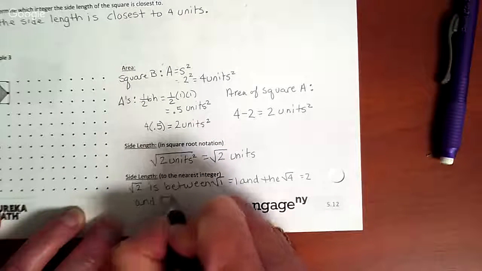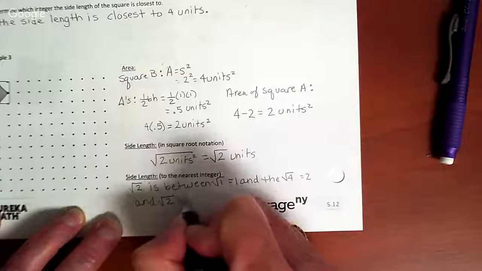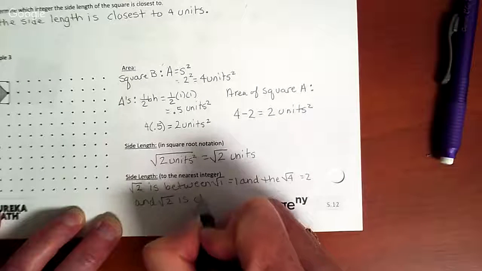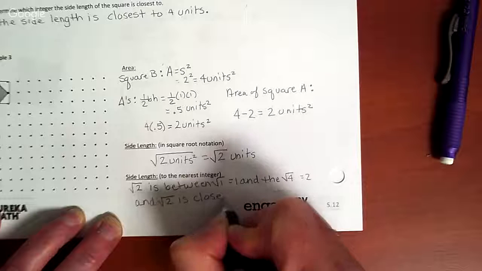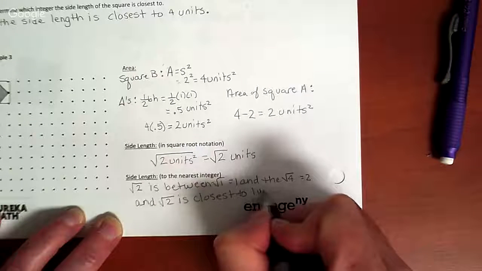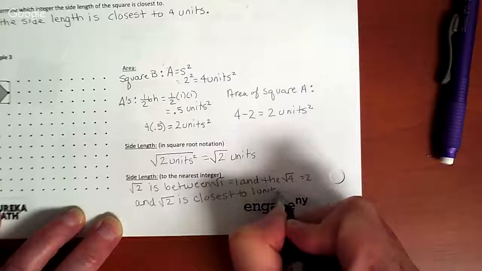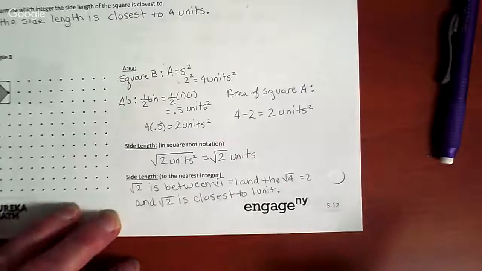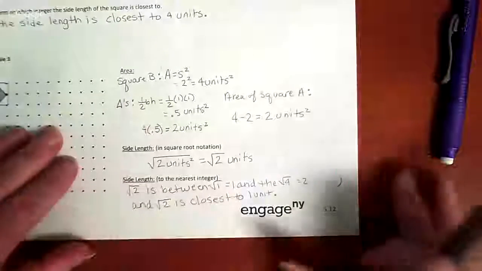And the square root of 2 is closest to 1 unit.